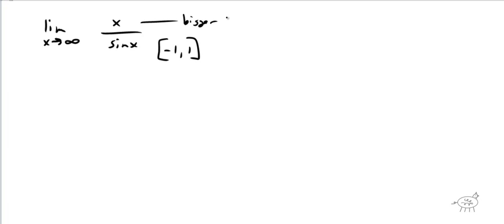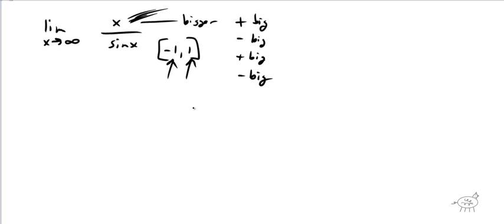So if that top is getting bigger and bigger, but that's fluctuating between negative 1 and 1, it's like a positive big number, then a negative big number, positive big number, right? It'll be 10 and negative 50 and positive 100 and negative 1,000 and positive 1 million. So it's going back and forth and back and forth.